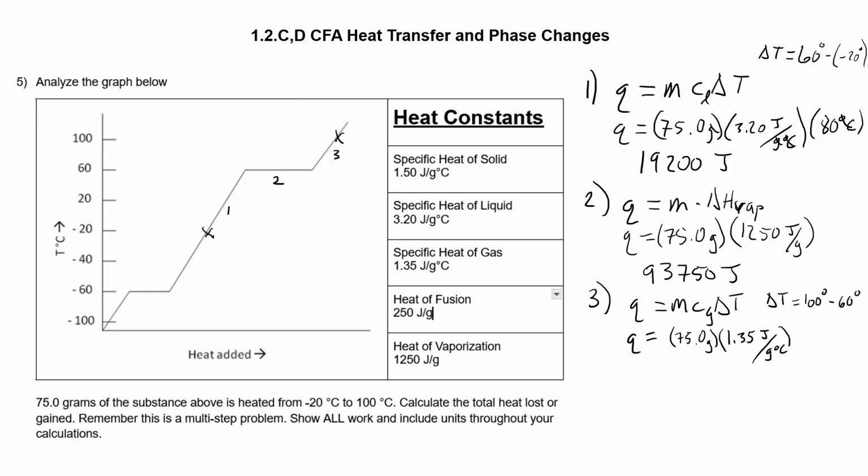We get that right here from our data set. And finally, our delta T is 40 degrees Celsius. Let's multiply those three values by each other: 75 times 1.35 times 40. I get 4,050 joules.